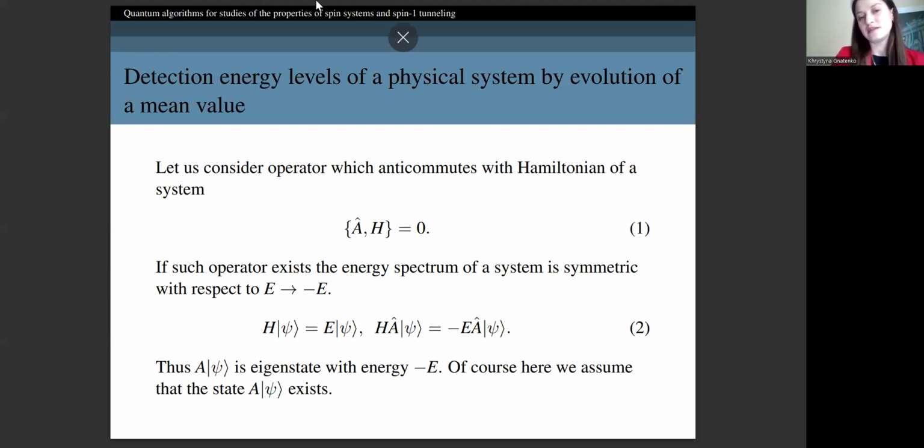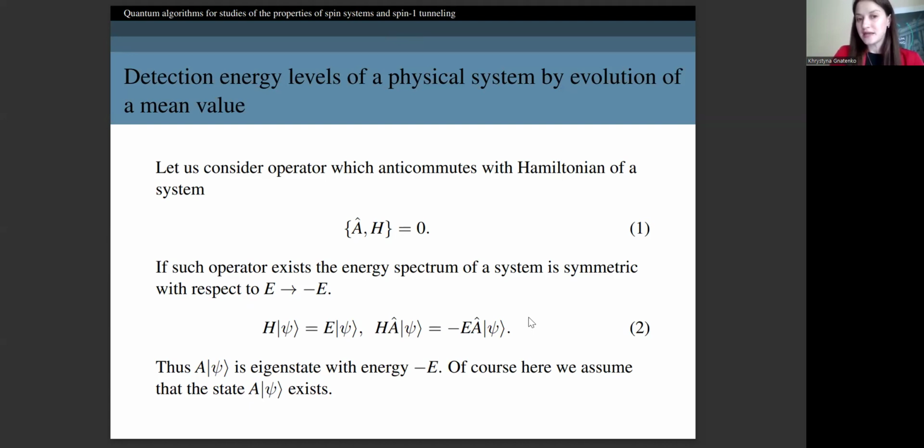If you have a spin system, or a physical system described with a Hamiltonian, and we know the operator which anti-commutes with this Hamiltonian, there is some kind of symmetry in the case of this existence. So the spectrum of the system is symmetric with respect to this transformation.